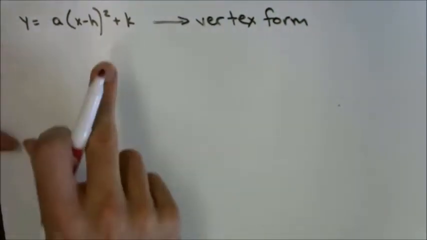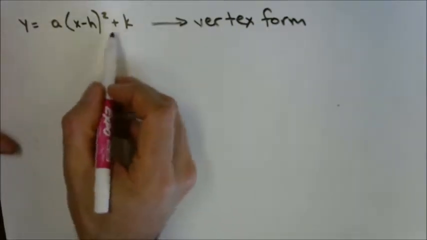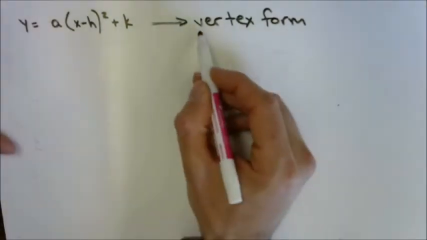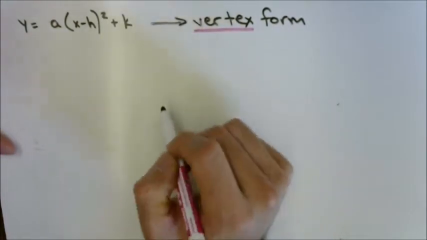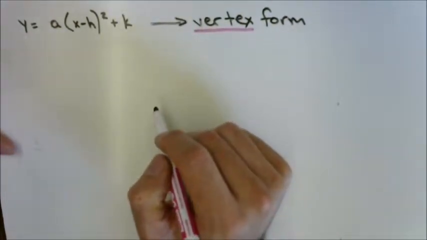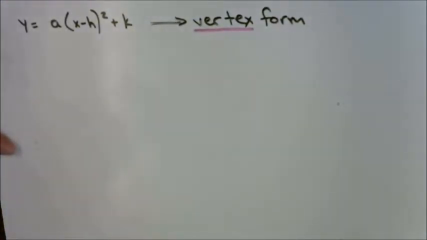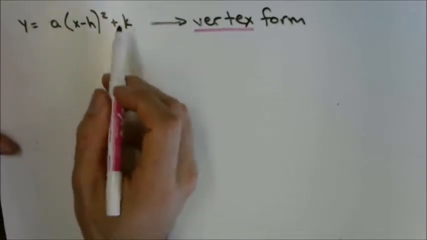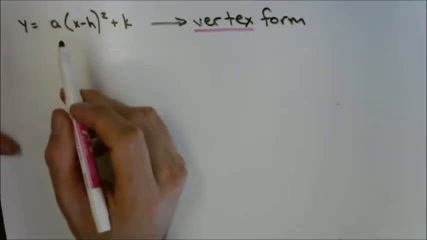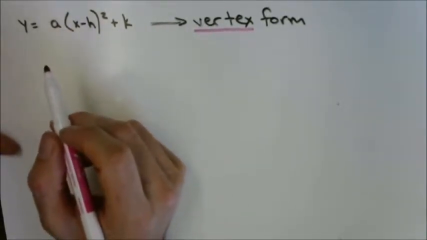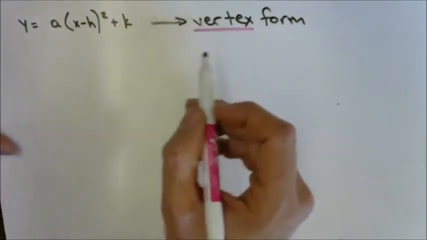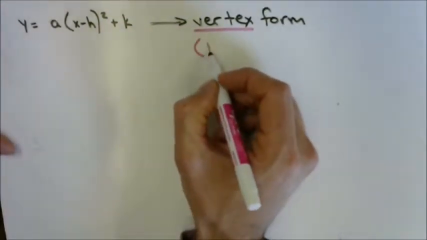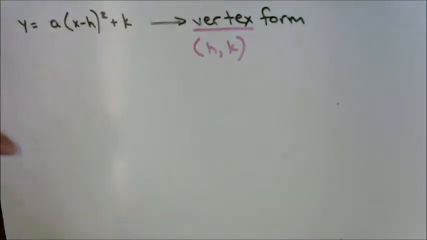Somebody please tell me what information we can get from h and k, considering the name is vertex form. Horizontal movement and vertical movement. So we're getting our horizontal and vertical translations from h and k, but what we want to remember right off the bat, super easy: when you have vertex form, the vertex literally is just (h, k).